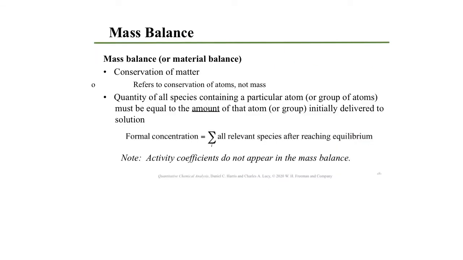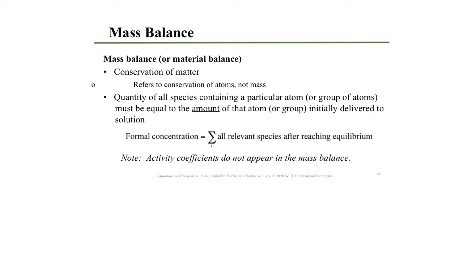Okay, so the next thing is mass balance, or what they call material balance. So this refers to the conservation of atoms in the solution. So where did they go, and how do they add all back up? So you have to look at all species containing a particular atom or group of atoms, right?